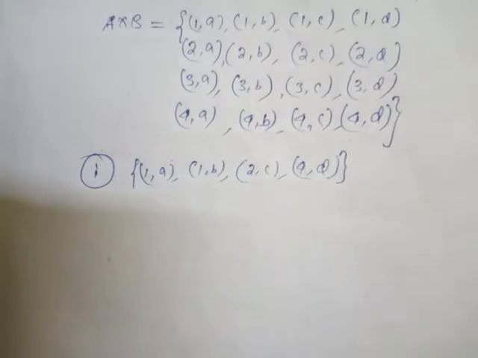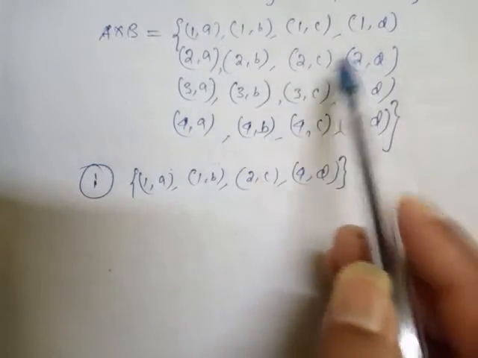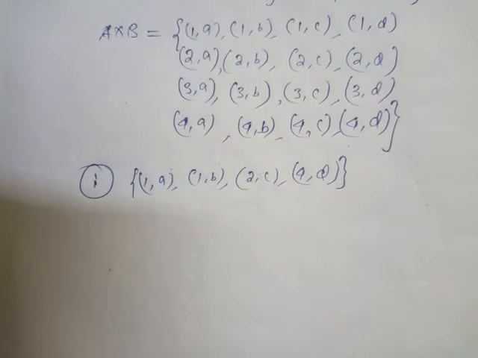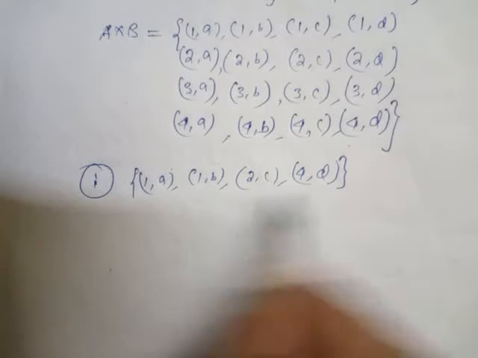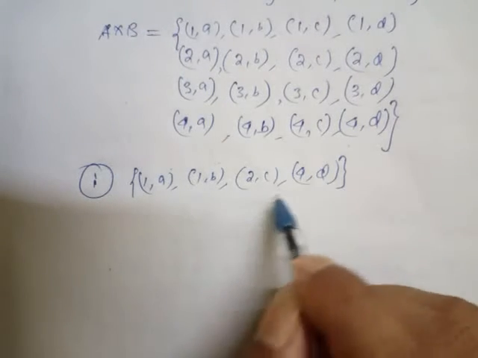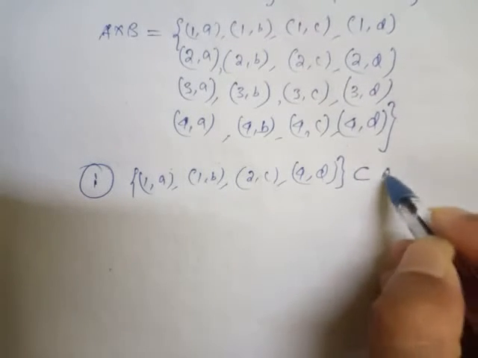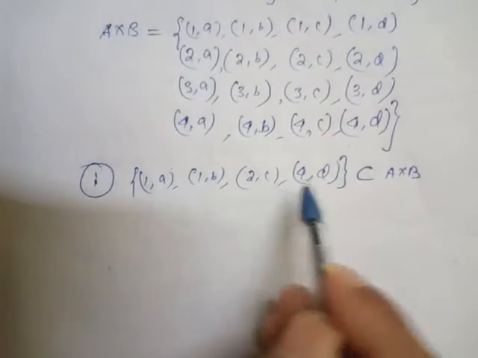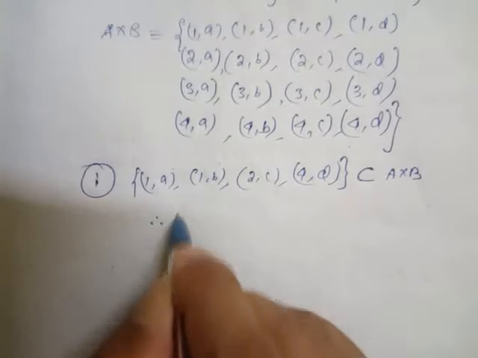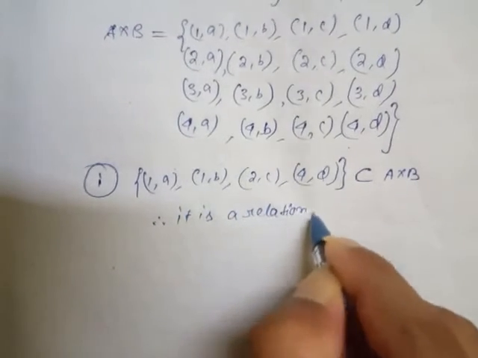Now look students, in A product B, 1 comma a, 1 comma b, 2 comma c, and 4 comma d are all in A product B, which means all these elements are in A product B. So we can say that it is a relation. The first one is over now, 8 Roman 1.